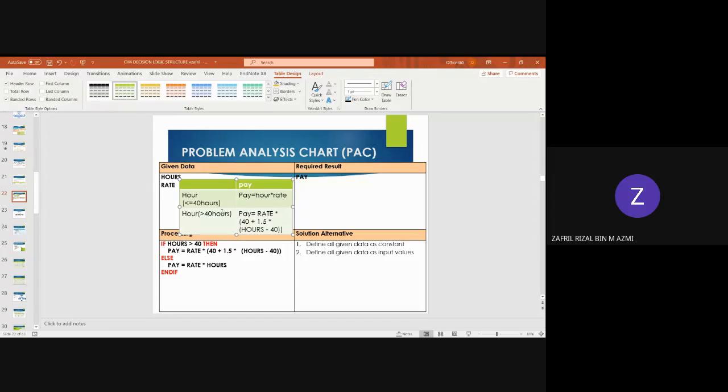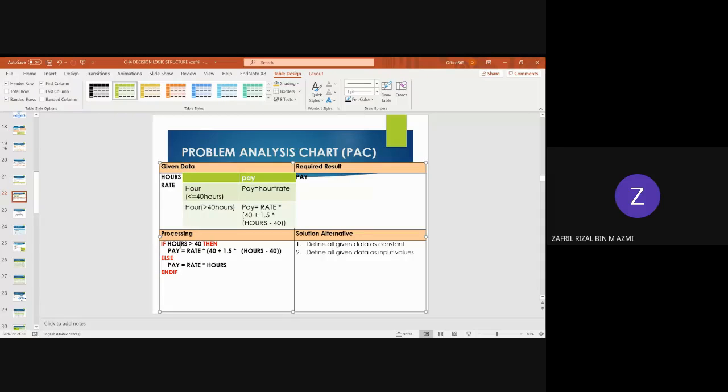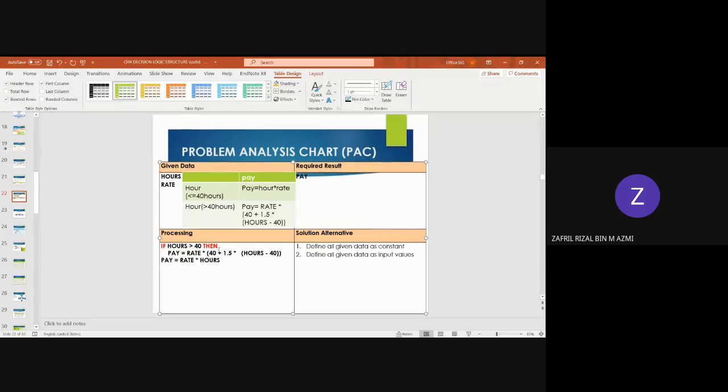The table must contain the information related to the decision. And in the processing, normally if the problem doesn't involve decisions, there will be only a calculation, an equation or expression.